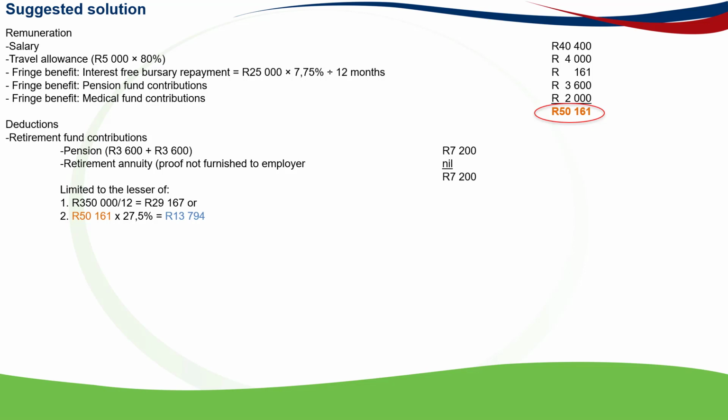And that is why we ignore that taxable income, and we only look at 27.5% of the remuneration, right?